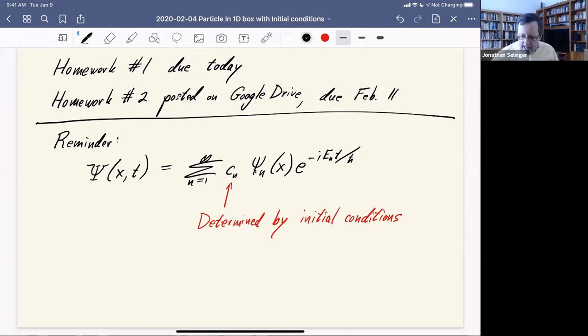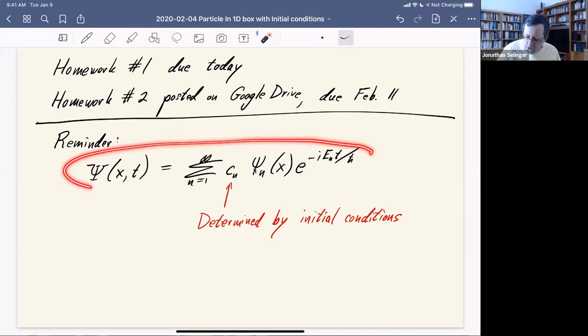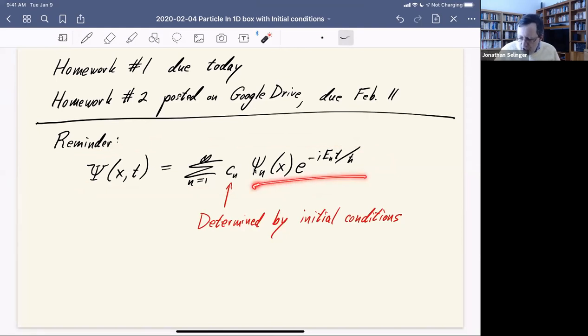Okay? And we came up with this general solution, which is a sum of separable solutions like this with coefficients Cn. And this general solution satisfies Schrodinger's equation no matter what these coefficients Cn are. And it satisfies the boundary conditions, no matter what these Cn are.